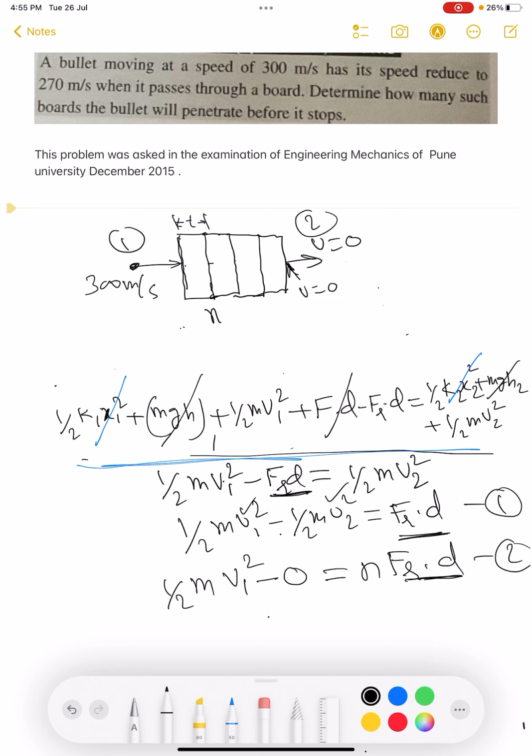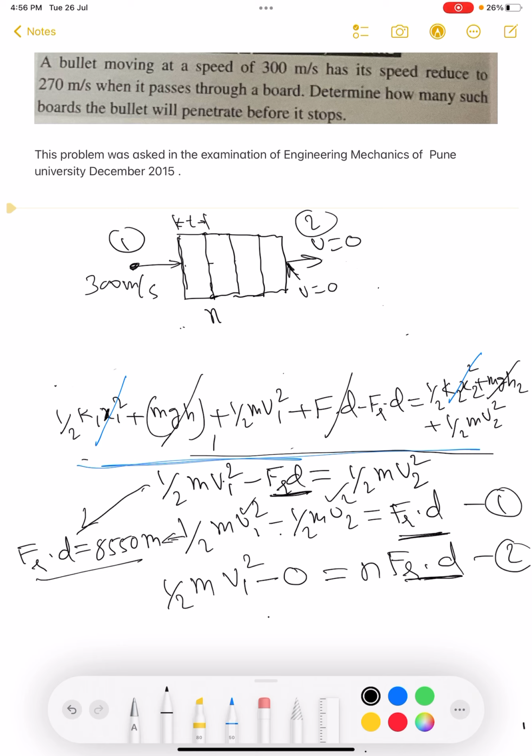If we calculate from this equation, you get Fr into d will be equal to 8550 m, because there will be m also, right? So I am writing this from this equation.